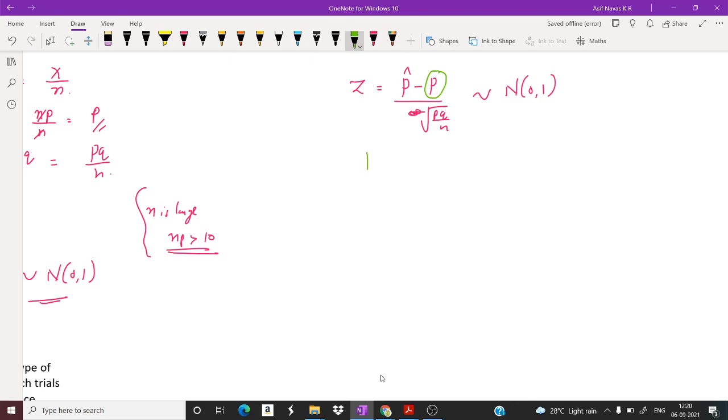We know that the probability that mod z is less than z alpha by 2 is equal to 1 minus alpha.